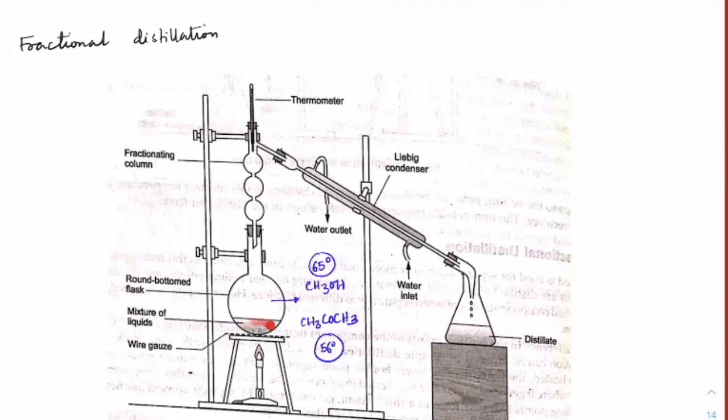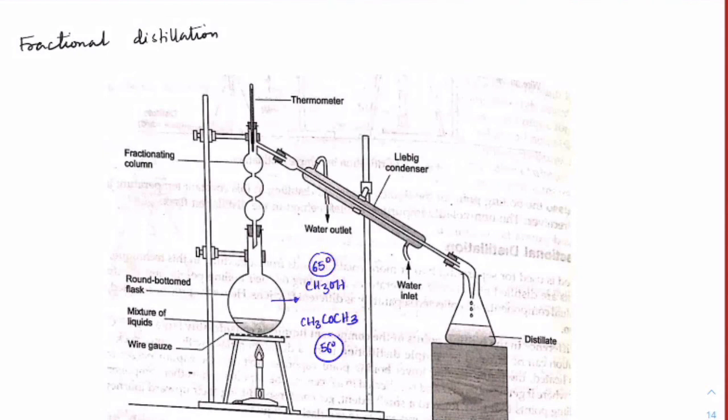So first we will heat these liquids up to the temperature of 56 degrees. Then what we can expect is the majority of the vapors coming through would be of acetone only, and then we condense it. After most of the vapors get condensed, I'll start heating again till it reaches 65 degrees.